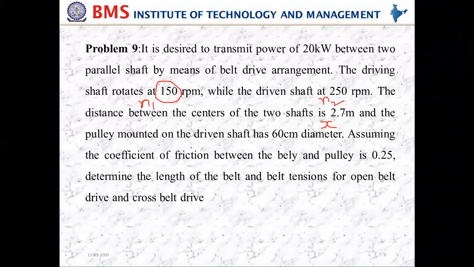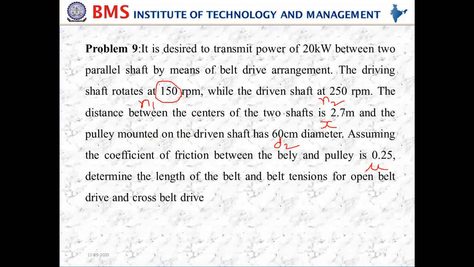The pulley mounted on the driven shaft is 60 centimeter diameter, so it becomes D2. Assuming the coefficient of friction between the belt and pulley is mu, which is also given, determine the length of the belt and belt tensions for open belt drive and cross belt drive.